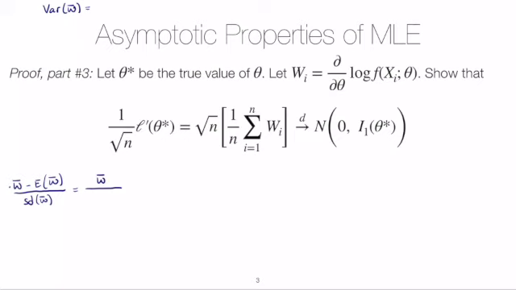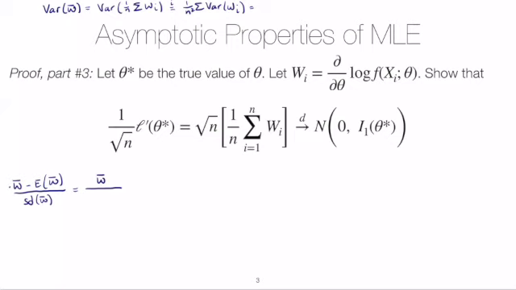So the variance of W bar will be the variance of 1 over n times the sum of each of the Wi's. So we'll have 1 over n squared times the sum of the variance of each Wi, and this is because of the independence condition that we can sum over the variances.